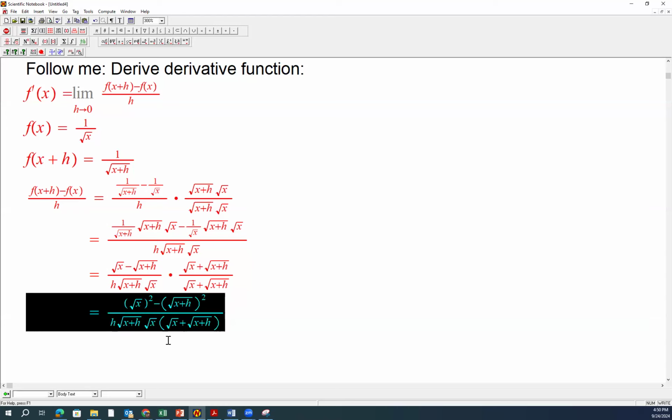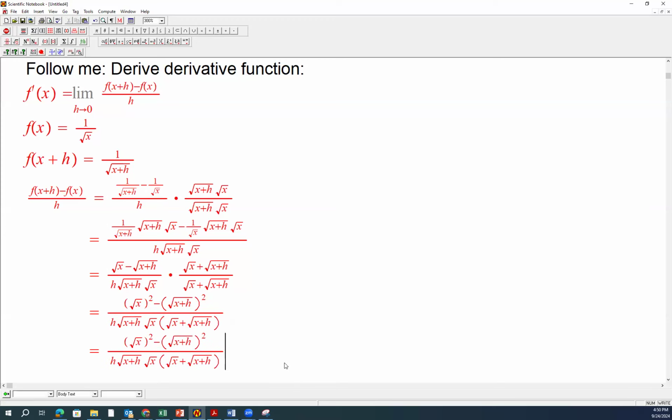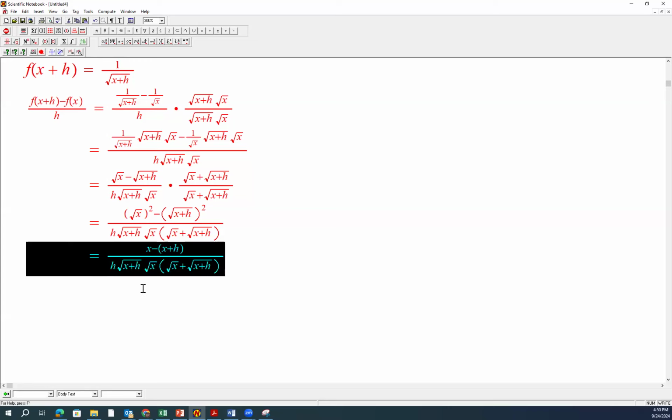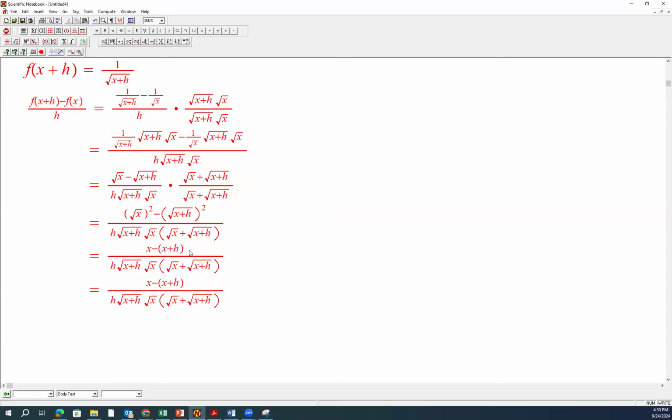Next, we got this part equals x, this part equals x plus h. But we must put a parentheses around it, for minus x minus h. The next step, we open up the parentheses. I usually like to keep this step because when I go back to check, this step gives me assurance that I've done it right.